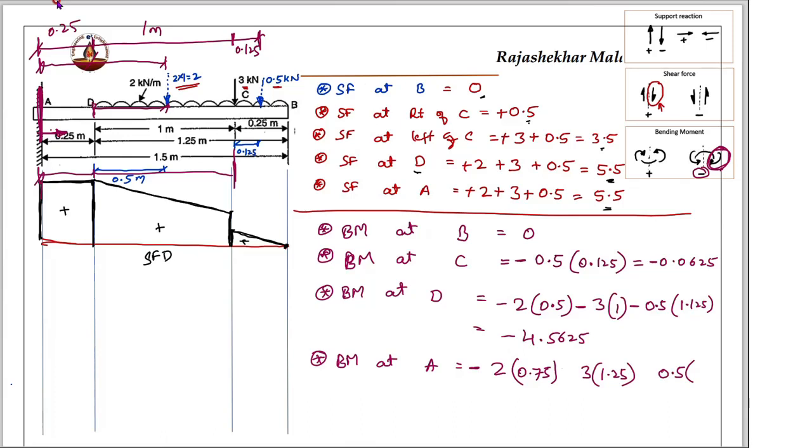The total is 1.375. This is also negative. Now you will get the answer 2 into 0.75 plus 3 into 1.25 plus 0.5 into 1.375.